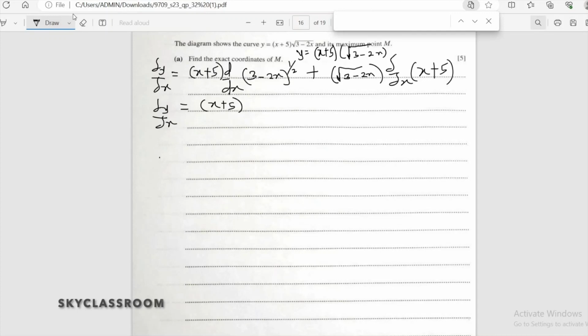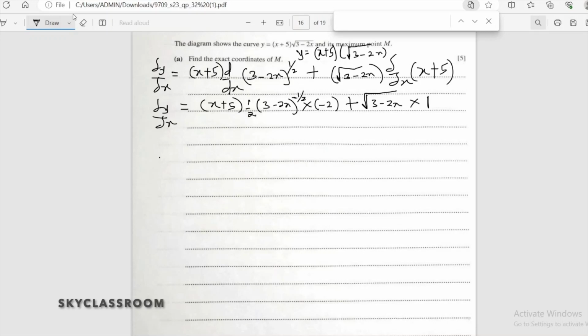Now when you differentiate 3 minus 2x raised to the power half, you know the rules, that will be half. Half come to the back of 3 minus 2x, subtract 1 from half, give us minus half, then multiply it by differentiation of what is inside the bracket, that's minus 2, plus you put down square root of 3 minus 2x, you differentiate x plus 5, which is 1.